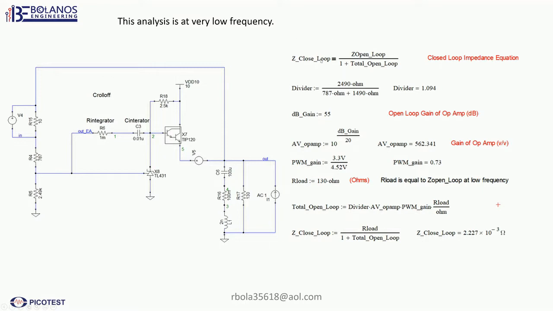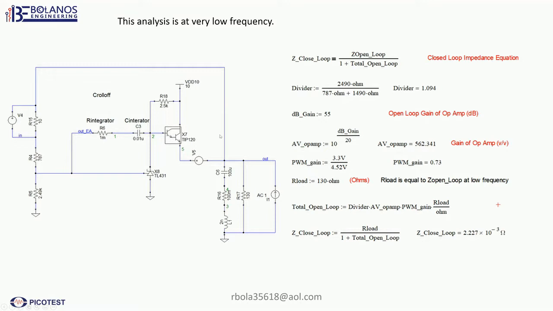Okay, so now this is the general equation to calculate the output impedance of any regulator. Here this is the closed loop impedance, and it is a function of the open loop impedance divided by 1 plus the total open loop gain. Okay, so when I say open loop, what do I mean by that?